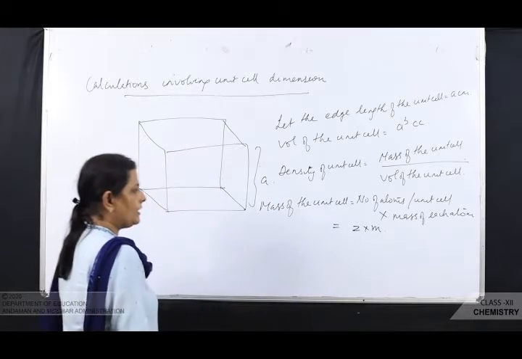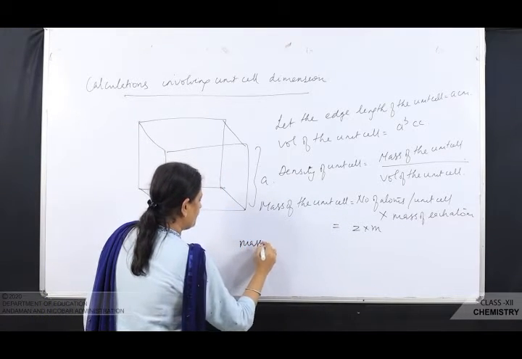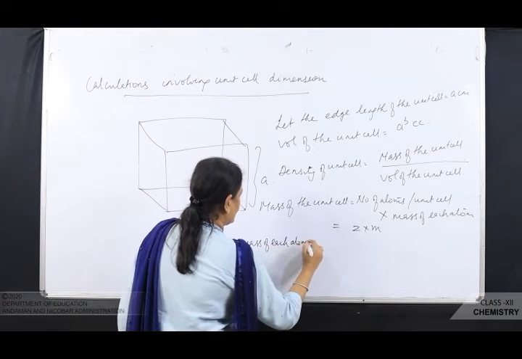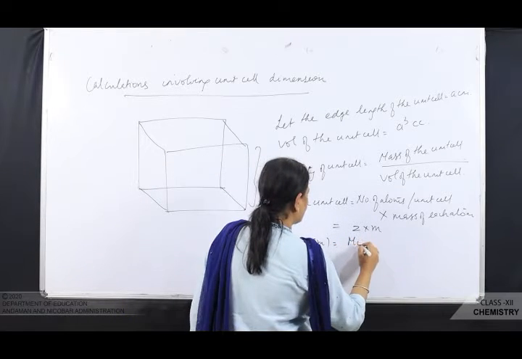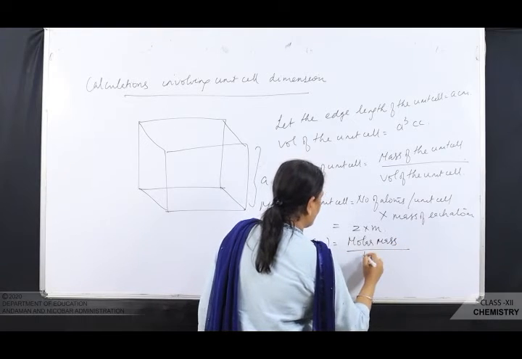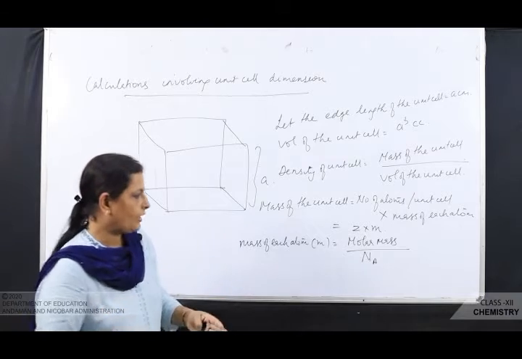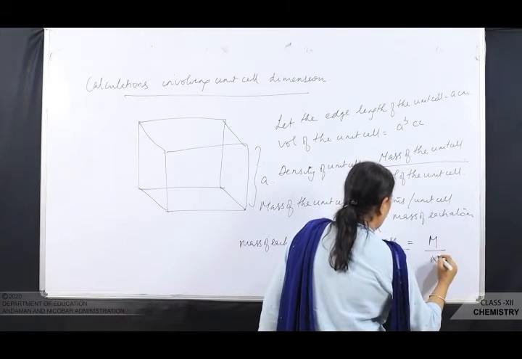Now, how will you calculate the mass of each atom? Mass of each atom, which you have already studied in class 11th, is equal to what? Molar mass divided by Avogadro number. Now, molar mass means if it is an element, you will take what? Atomic mass. So, we will write this as M divided by Na.